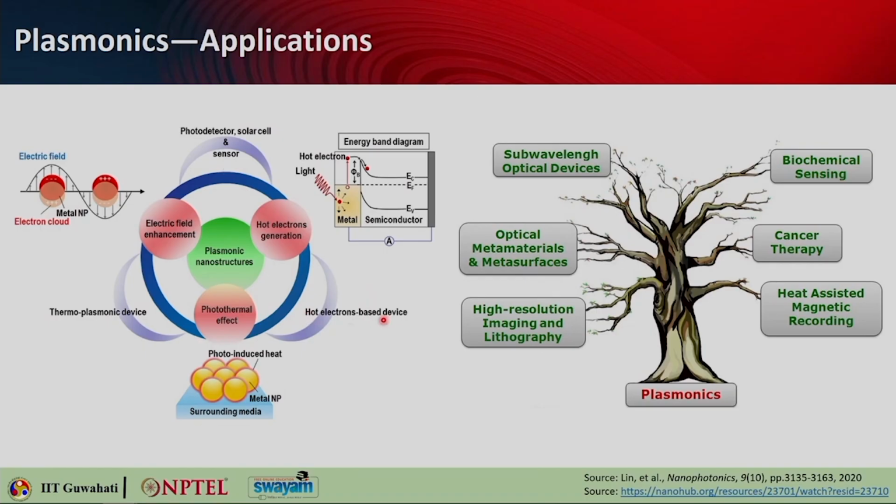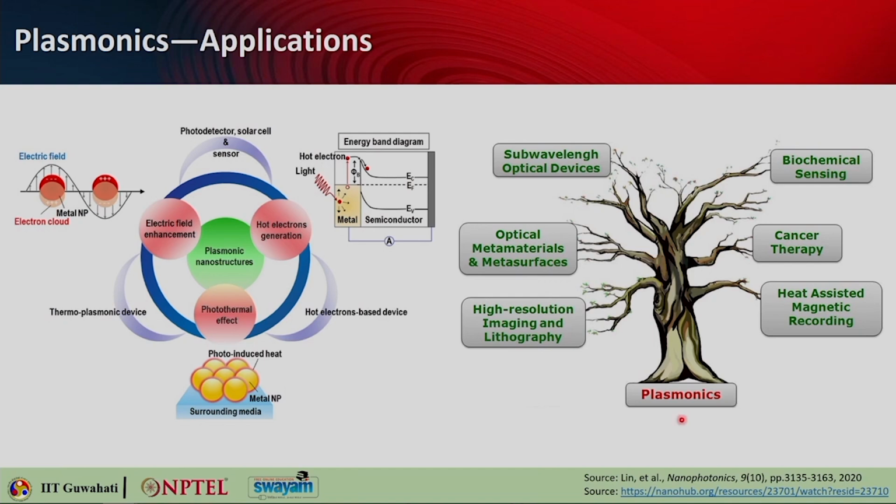There are many hot electron based devices that are possible, and also thermoplasmonic devices from the photothermal effect that is associated with the absorption of photons by these plasmonic nanoparticles. You can use the photothermal effect for maskless lithography and other applications like photo detection, energy harvesting, and so on.